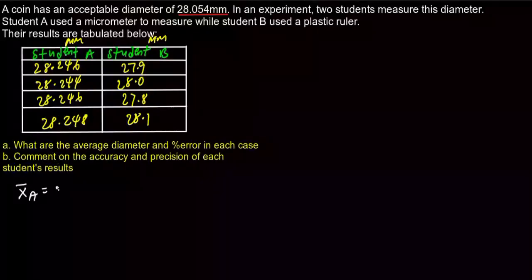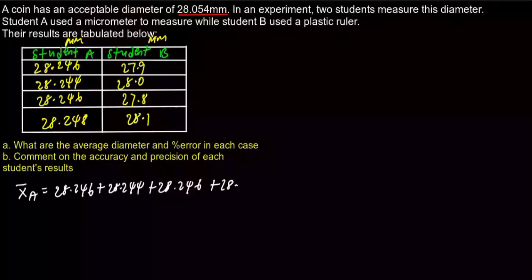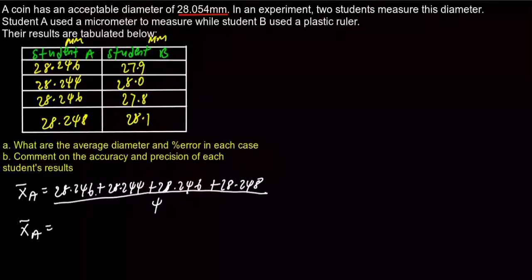So I have 28.246 plus 28.244 plus 28.246 plus 28.248, then everything all over 4. So the mean of student A will be equal to 28.246. And this is the mean of student A.